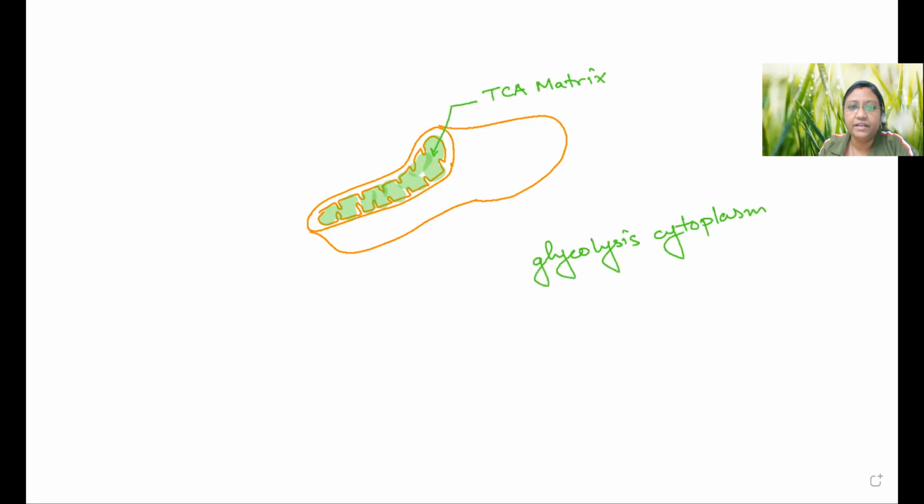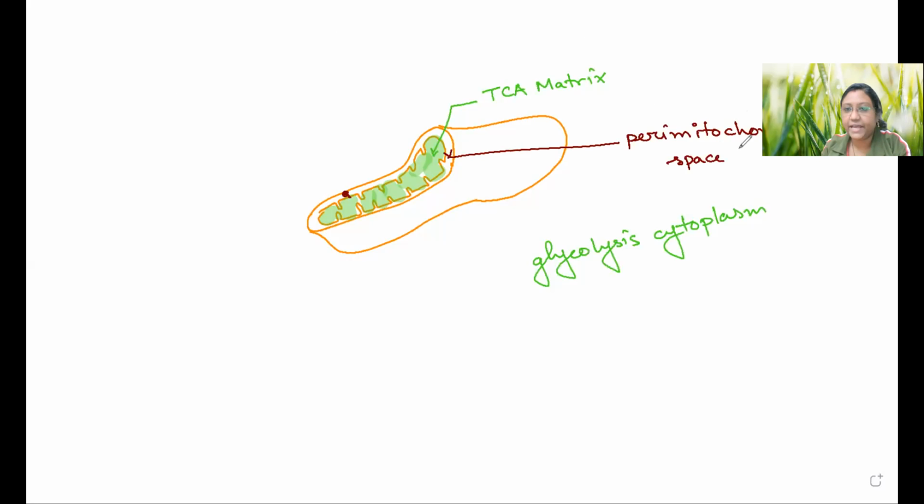It occurs in the specialized tennis racket-like structures which are present at the inner membrane. In mitochondria, the gap between the two membranes is known as the perimitochondrial space.